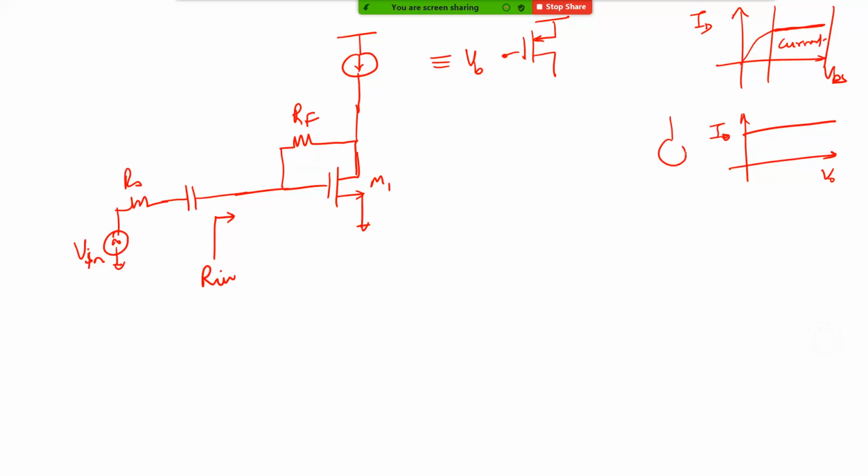That is how a current source is defined. If you look at this MOSFET in the saturation region, it behaves like a current source with some shunt resistance, right? So you will see a current which is like this.